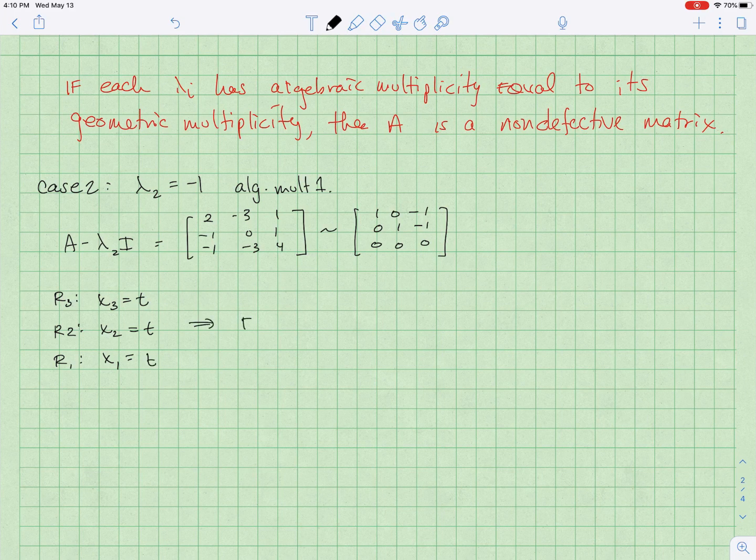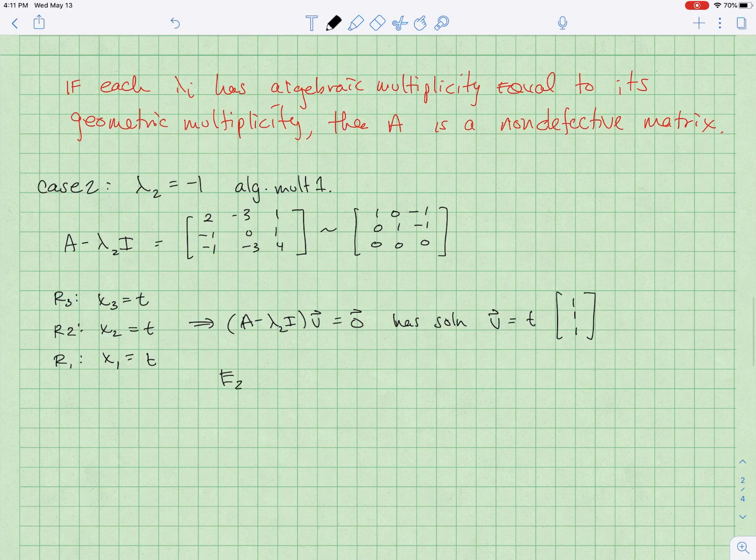And that means the solution to A minus lambda 2 I times v equals 0. This system has the solution v vector equal to any multiple of the vector 1, 1, 1, or we might say one of two things.